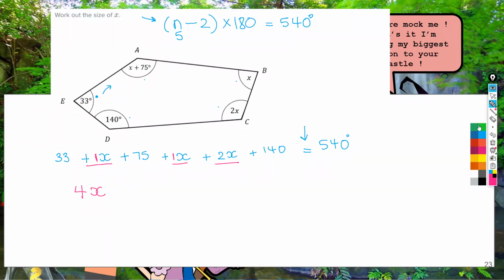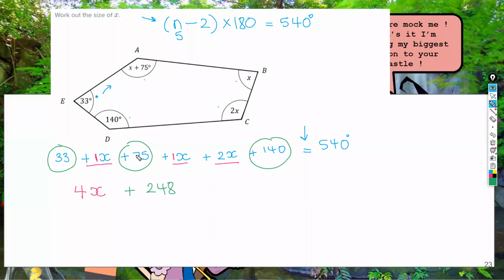Let's add up everything without an X: 33, 75, and 140. Let's pretend it's money. Somebody had $33, they get $75 more, and somebody gives them $140. How much is that? 33 plus 75 plus 140, and I am getting 248.